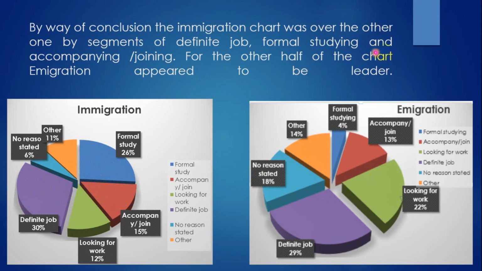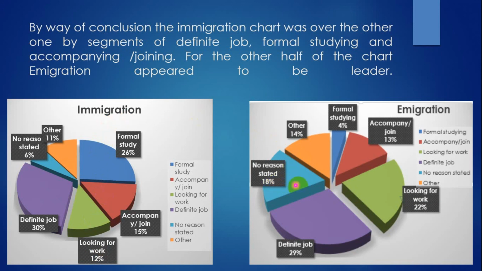For the other half of the chart, I mean that no reason stated, other, and looking for work, emigration appeared to be leader. Why? Because here you can see that looking for a job was 22% for emigration, but it was only 12% for immigration.